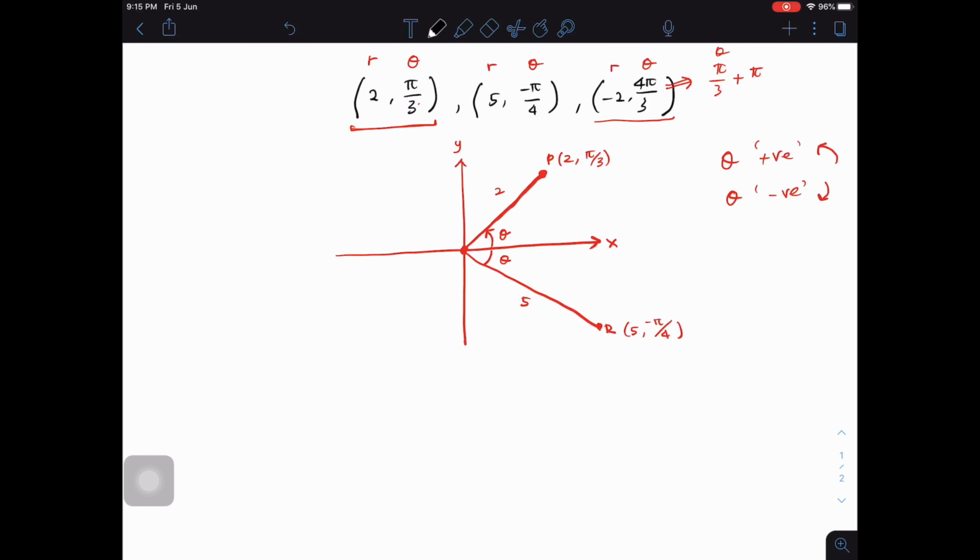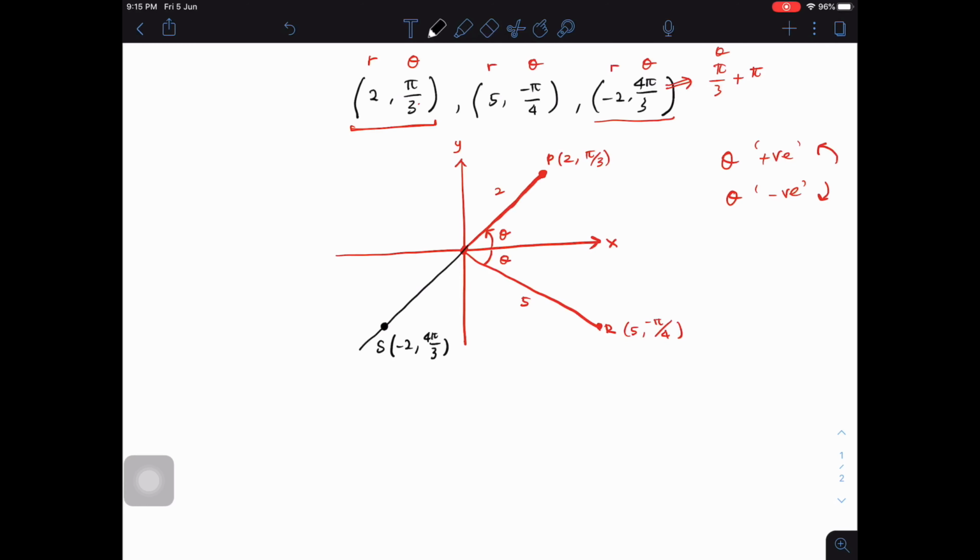So we have a straight line here. Let's say this is the point S, lying on the same line but on the opposite side. If our point P has the distance 2, this point S also has the distance 2. So here is our S with negative 2, 4 pi over 3.